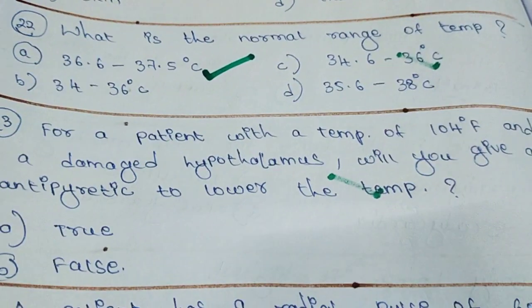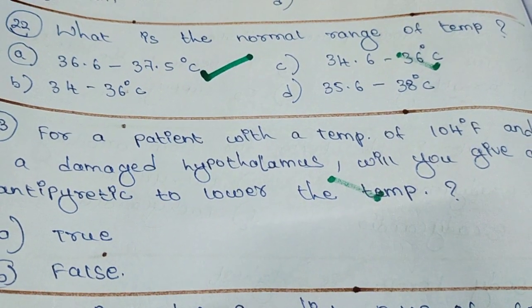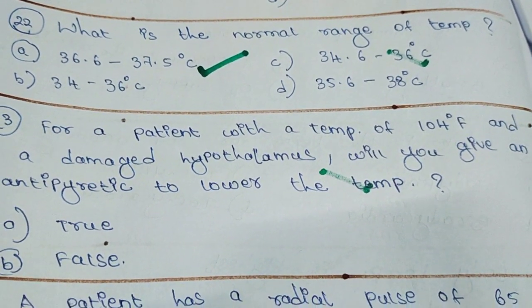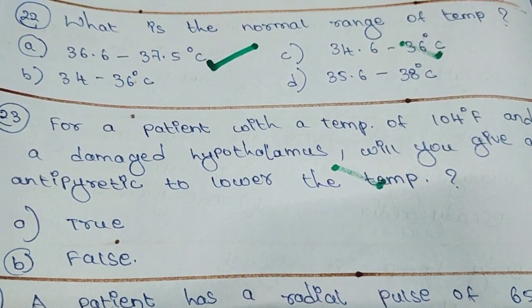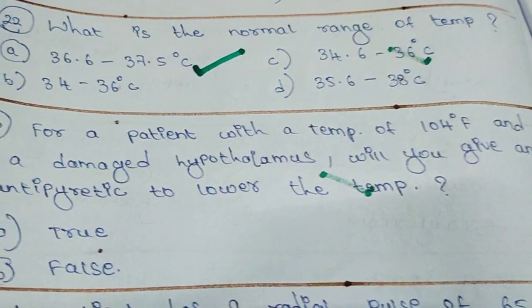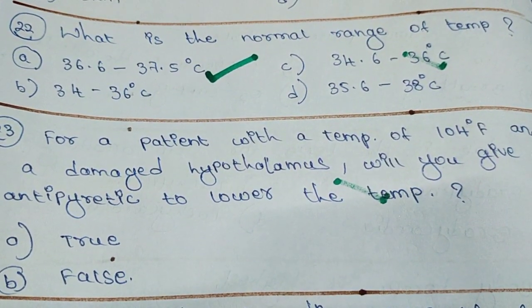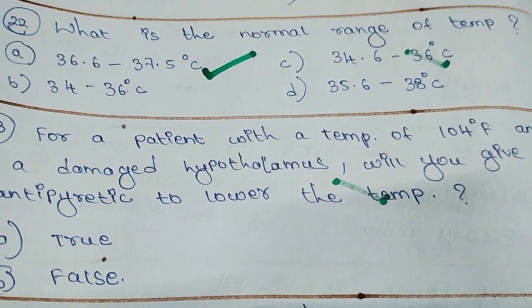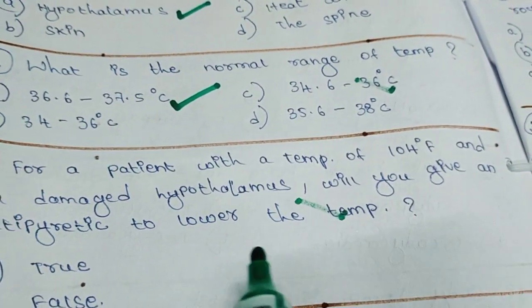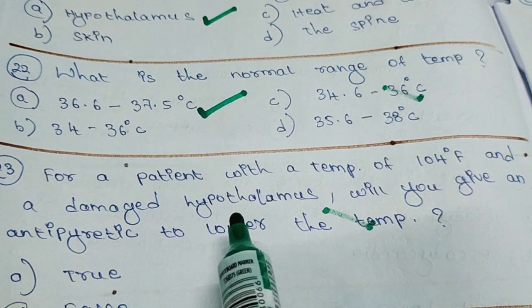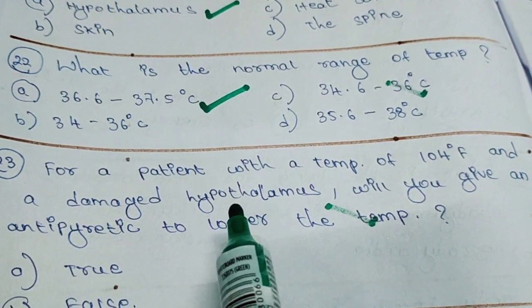For a patient with a temperature of 104 degree Fahrenheit, high, and a damaged hypothalamus, will you give antipyretic to lower the temperature? True or false? See, hypothalamus is a part in the brain which regulates the body's temperature. It is called the body's thermostat.